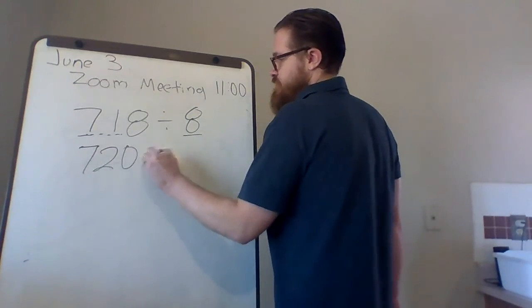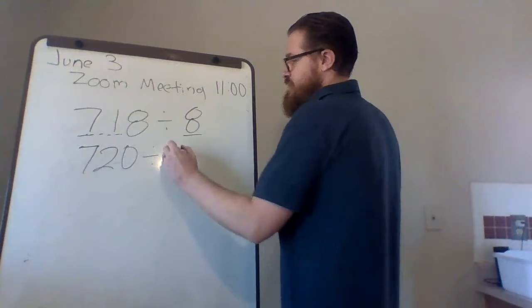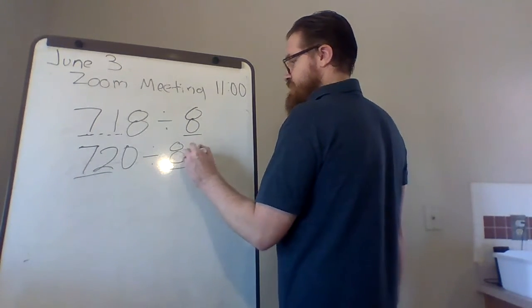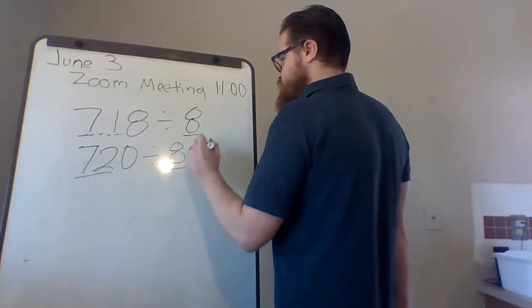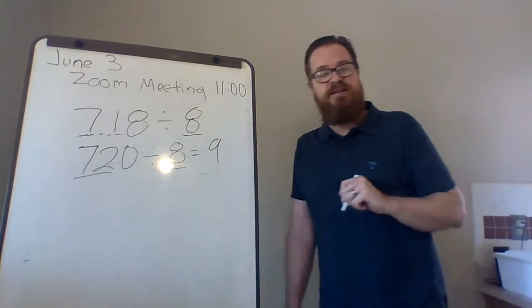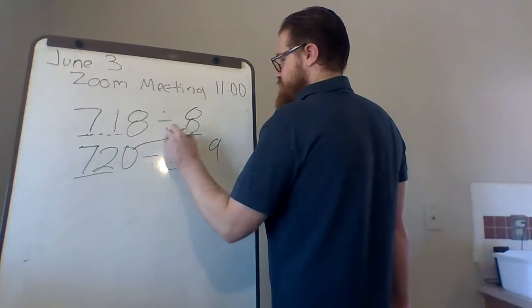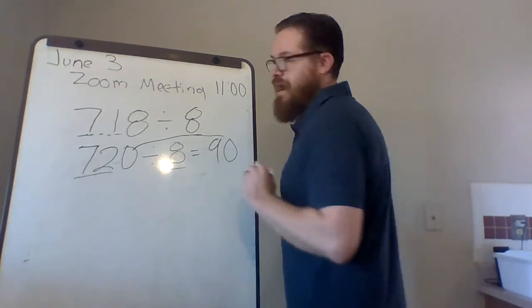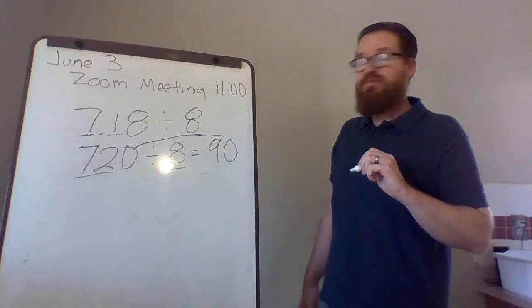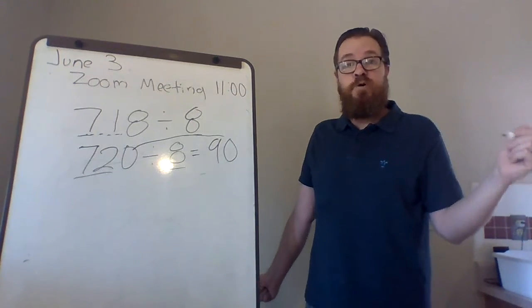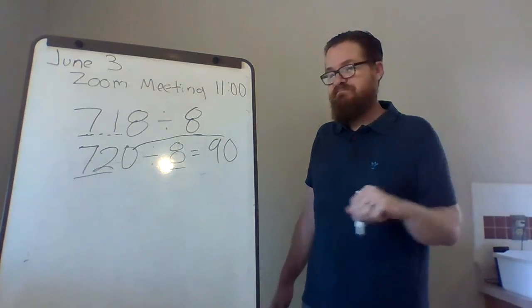Okay, so I'm going to put a 0 here to make sure the numbers are the same size. If I take 72 divided by 8, I'm going to get 9, because 8 times 9 is 72, right? There's an extra 0 left over here, so that's going to go into my quotient, and I'm going to get an estimated quotient of 90.